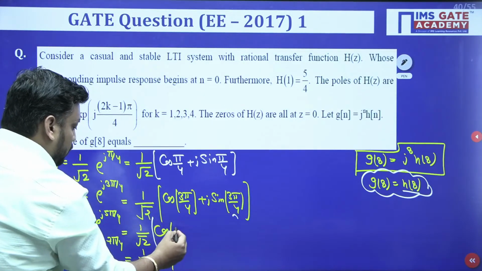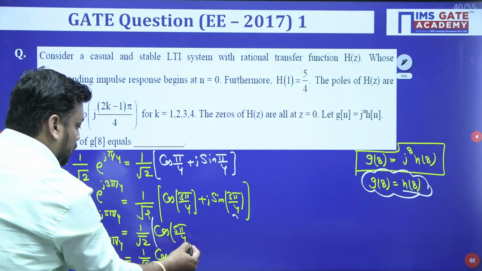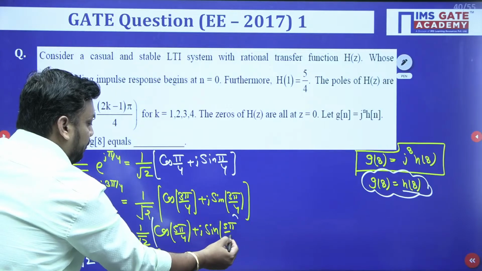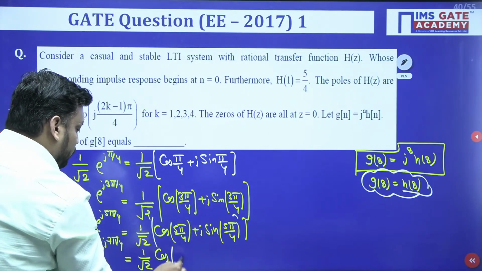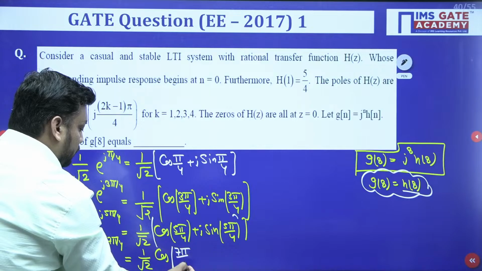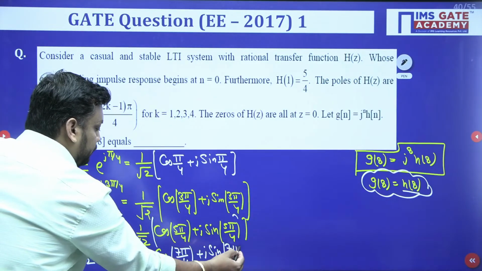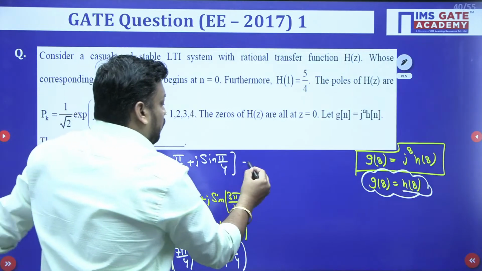So here you should write cos of 5 pi by 4 plus j sin of 5 pi by 4. Similarly students, here you should write cos of 7 pi by 4 plus j into sin of 7 pi by 4. So now what you will get guys?